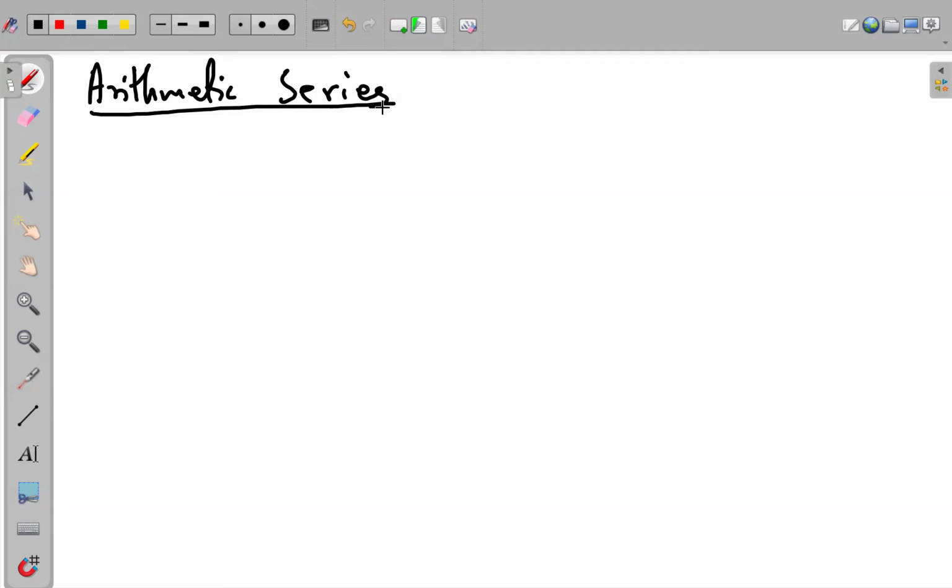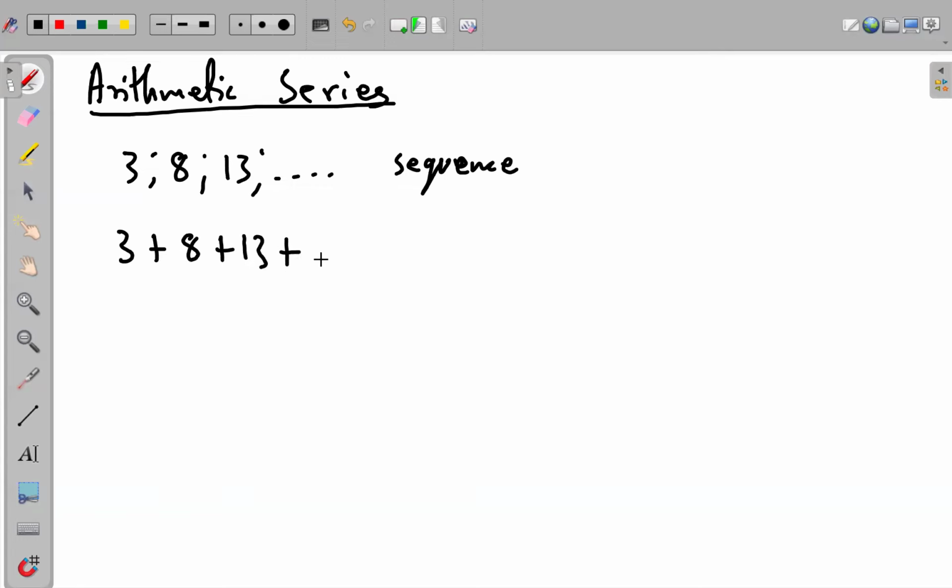I'll give you an example. 3; 8; 13; and so on represents a sequence. But 3 + 8 + 13 + and so on actually represents a series. You are actually adding numbers.